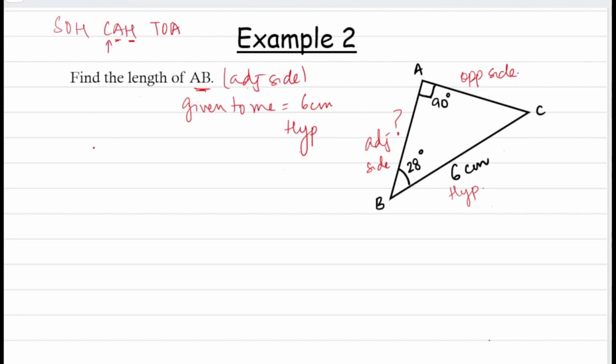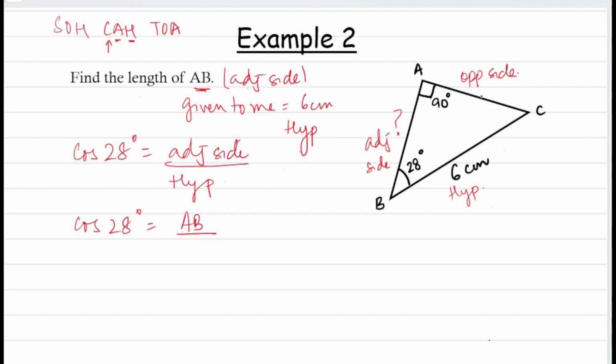So with respect to angle 28 degrees, I will write cos 28 degrees is the ratio of adjacent side to the hypotenuse, and cos 28 degrees will be equal to what is the adjacent side? I need to find it out, AB, and what is the hypotenuse given to you? 6. Now, I will use a scientific calculator, of course, as I do not know the value of cos 28 degrees.